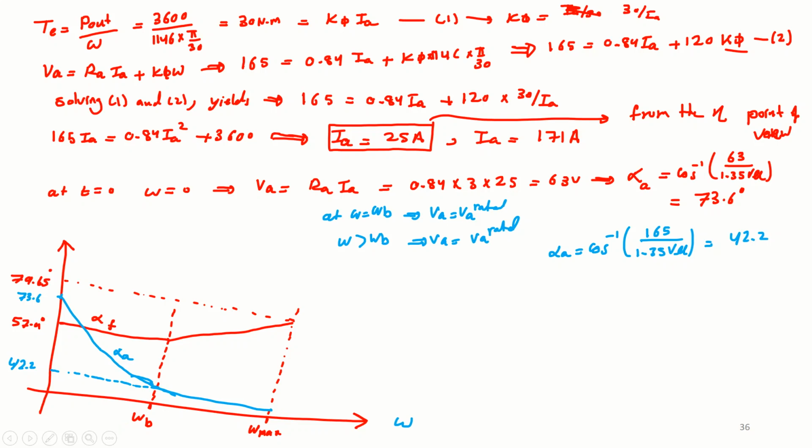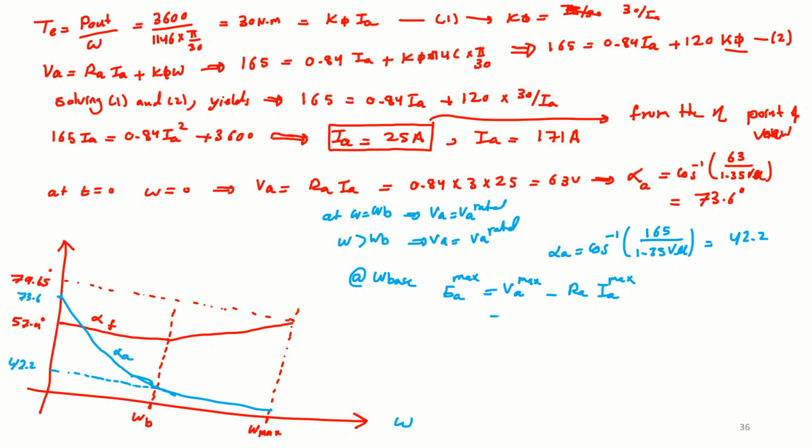Now we need only to specify the omega base and omega max. So now how can we specify omega base? Now at omega base, we know that EA max should equal VA max minus RA IA max, and the back EMF for speed greater than omega base must be equal to EA max.